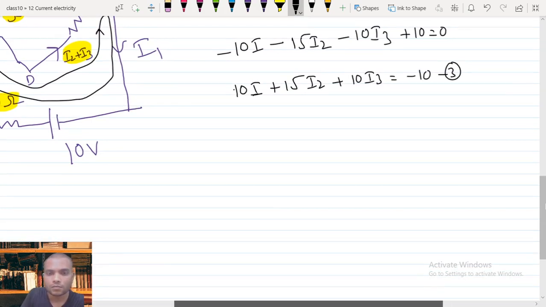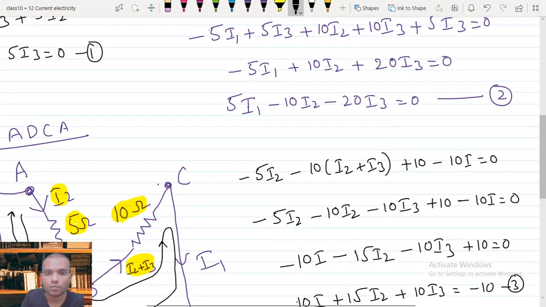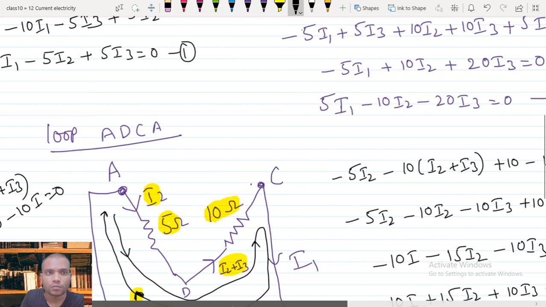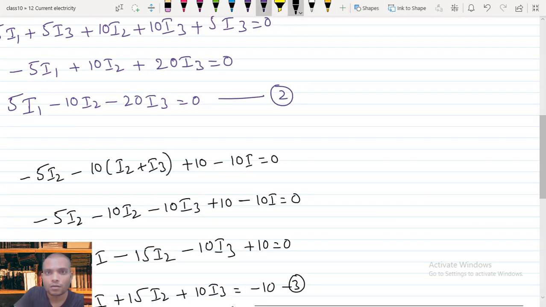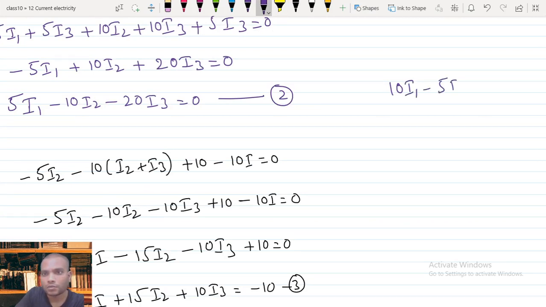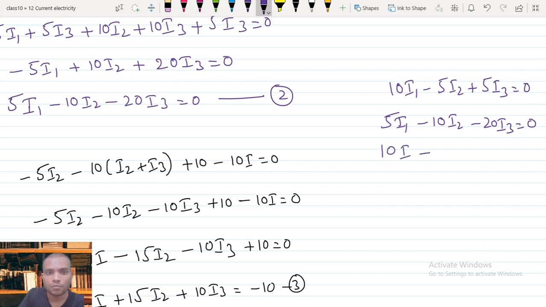So the first equation is 10I1 minus 5I2 plus 5I3 is equal to 0, and the second equation is 5I1 minus 10I2 minus 20I3 which is equal to 0, and the third equation is 10I, it's supposed to be I, plus 15I2 plus 10I3 is equal to minus 10.